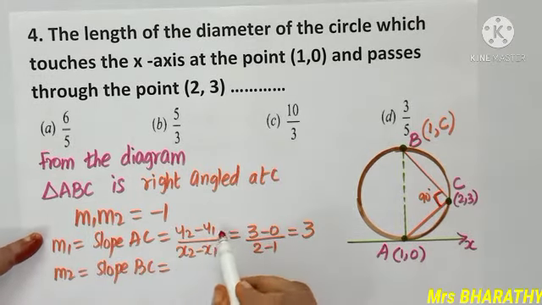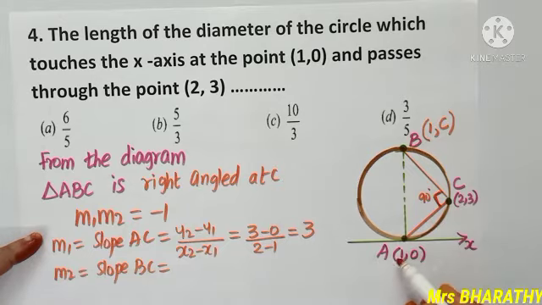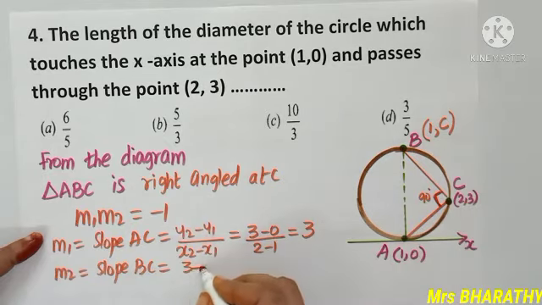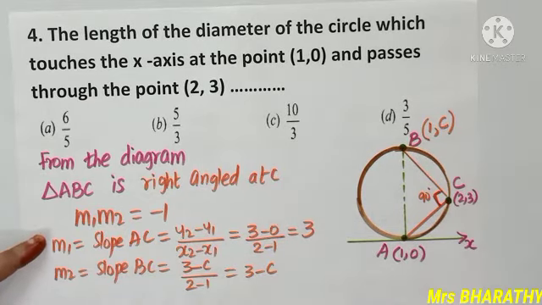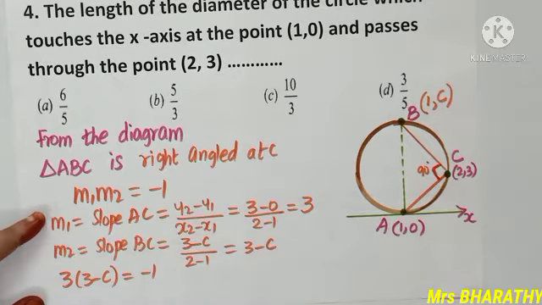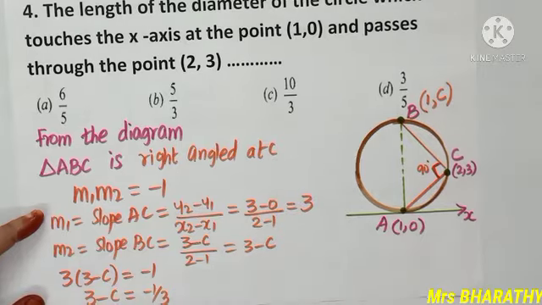Substituting in y2 minus y1 by x2 minus x1: 3 minus 0 by 2 minus 1, that is 3. Slope of BC. We can say 3 minus C by 2 minus 1, that is 3 minus C. Substituting in the condition, I get 3 into (3 minus C) is minus 1, or 3 minus C equals minus 1 by 3.